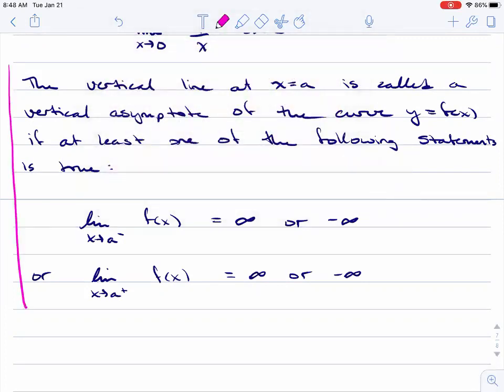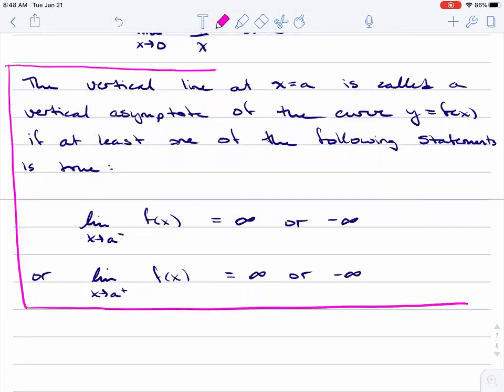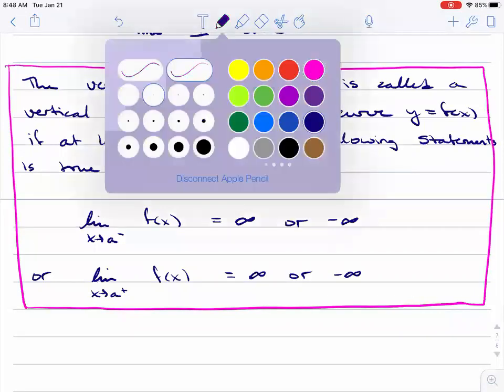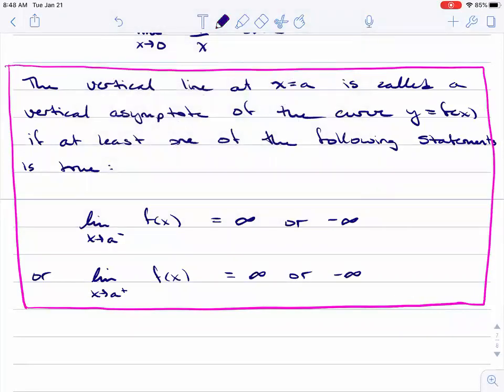But in general, this means that we have a vertical asymptote. Okay.